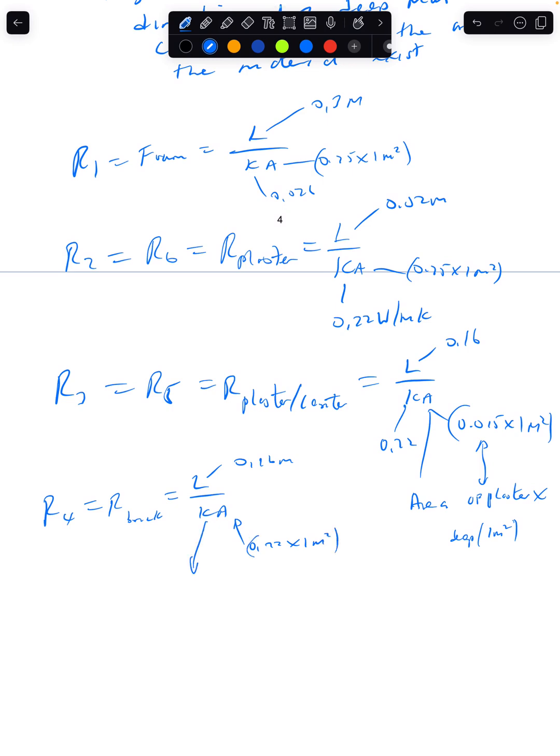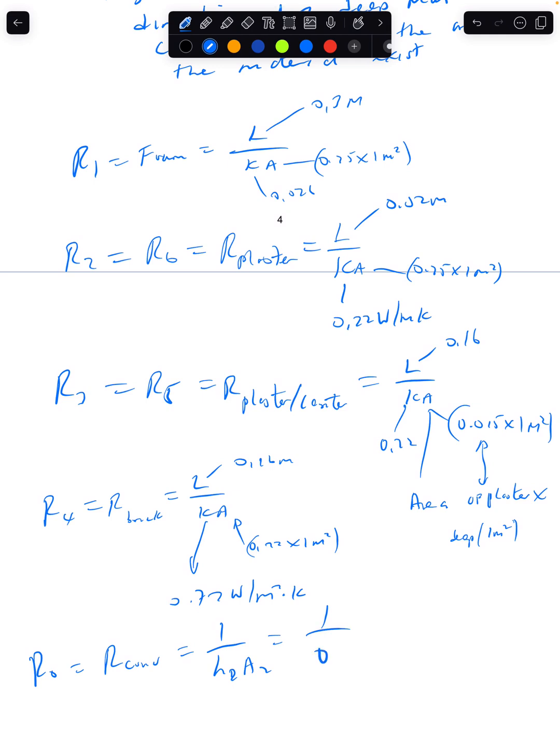And this value for K is 0.72 W per meter Kelvin. And now we are talking about R o, which is R convection, which is equal to 1 over h2 A2.